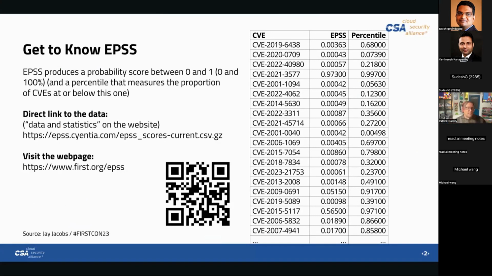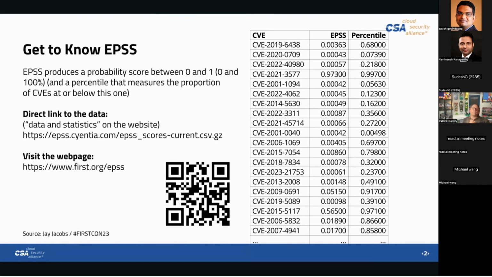What EPSS is, very simply put, here's the data. When you call the API, you can submit a CVE, and it's going to give you back 2 components. The exploit prediction score, the scoring system itself, which is between 0 and 1, and it ranks based on probability of exploitation.